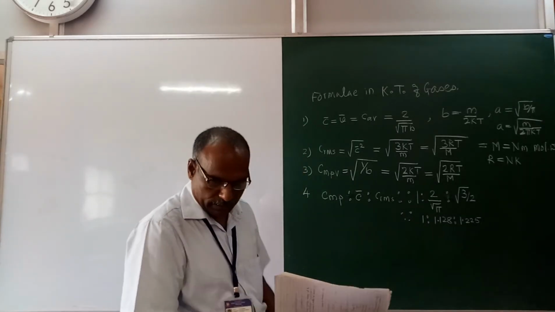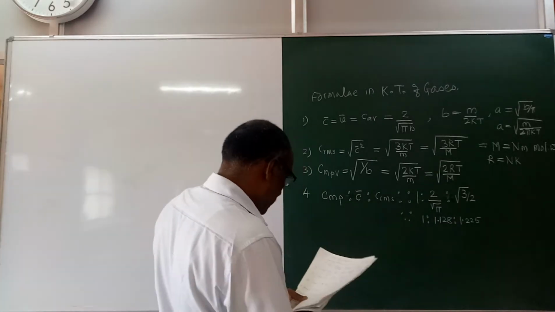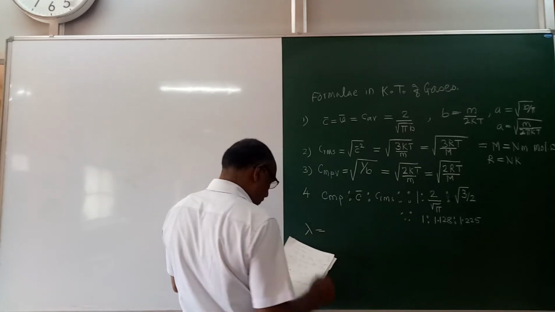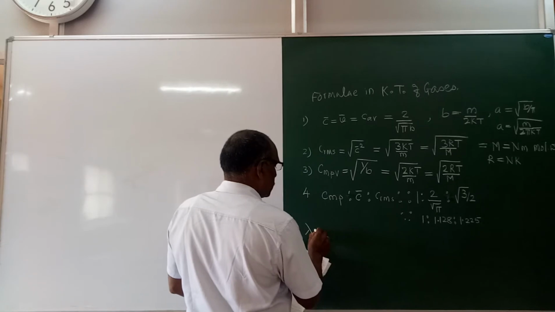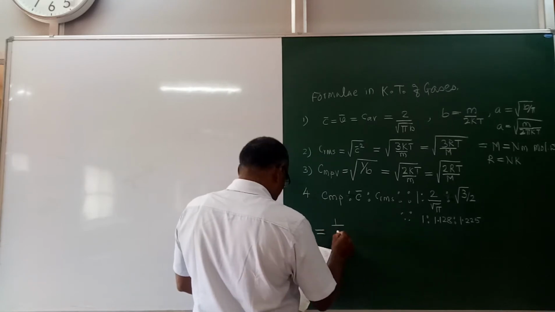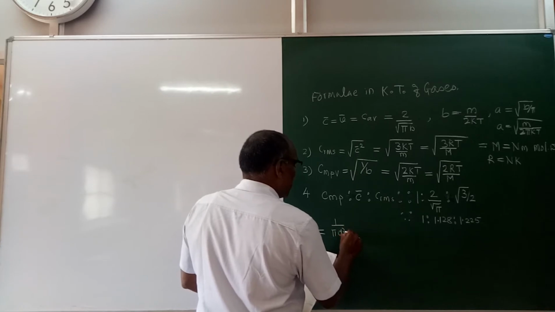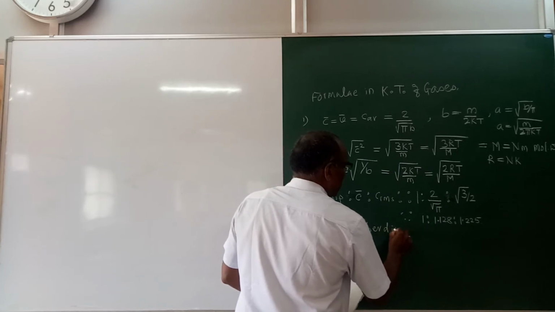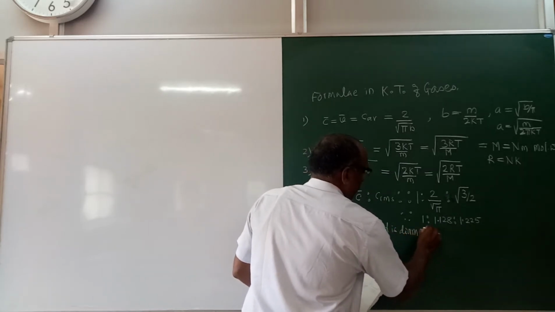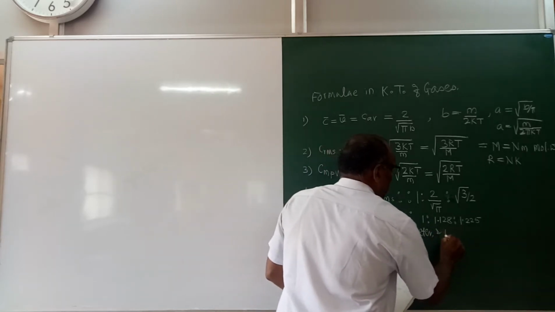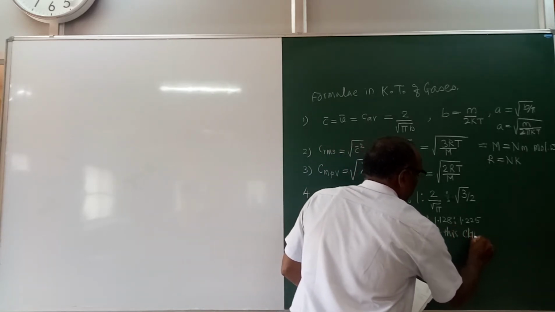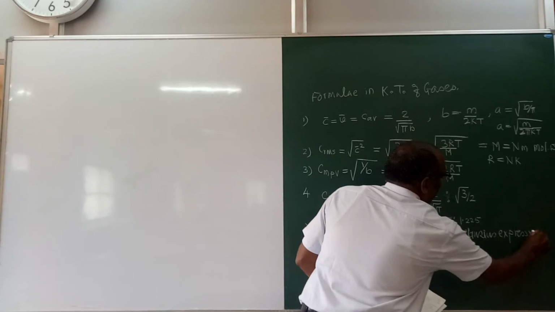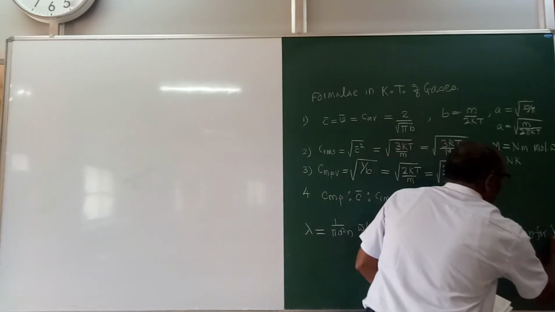Now the mean free path. I'll write here the mean free path lambda, given by Clausius expression: lambda equals 1 upon pi d square n, where d is the diameter. This is the Clausius expression for lambda, the mean free path.